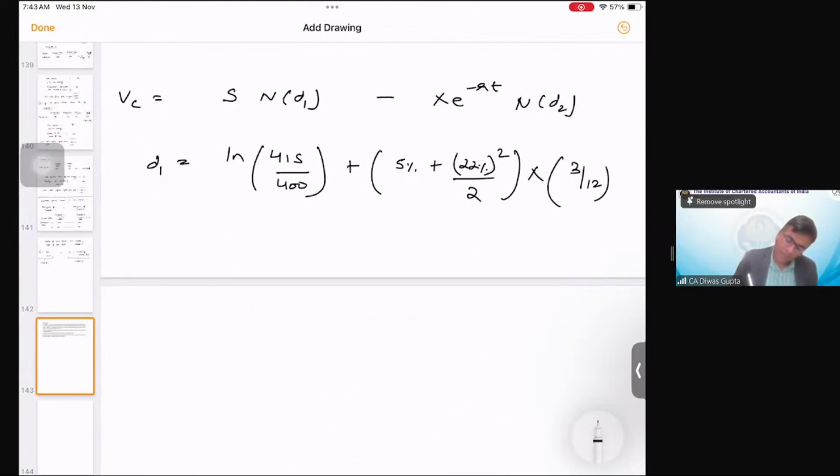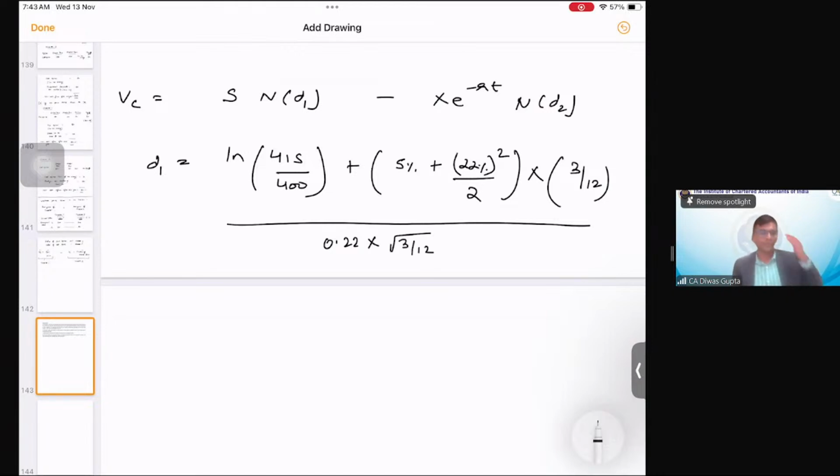This whole divided by 0.22, which is the volatility rate, under root t, which is 3 by 12. This was the formula, students, for D1.